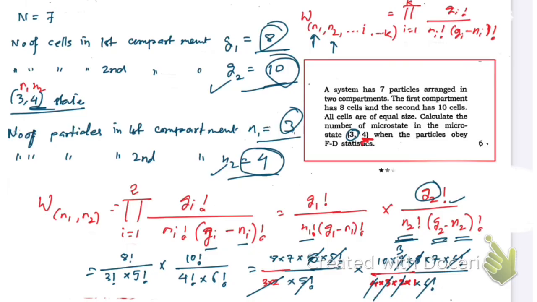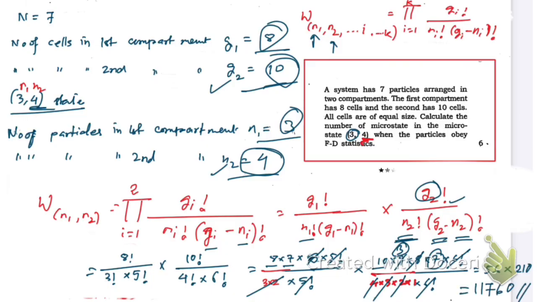Then if you multiply all these, you will get the answer: 8 into 7 is 56, into 10 into 3 is 30, into 7 is 210. Okay, that's what we're gonna have. Now let's multiply these two, then this is gonna give you 11760.